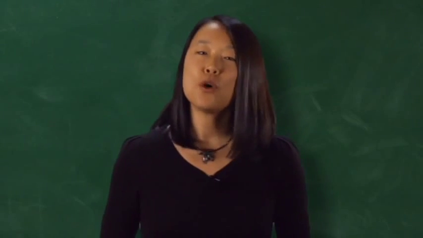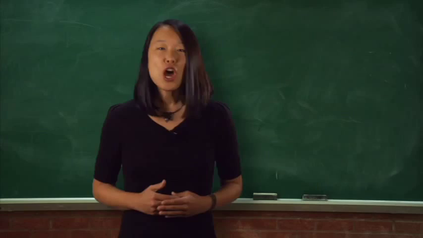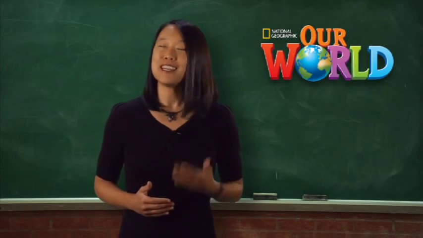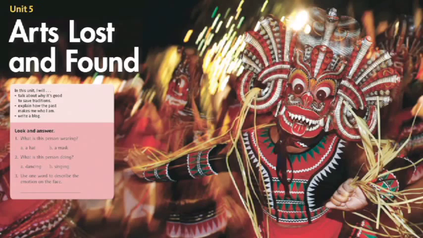Be sure you always bring materials about different cultures into the classroom. Our World incorporates content from other cultures in every unit. For example, in this unit called Arts, Lost and Found, students see images and read information about different traditions and art forms from other cultures.